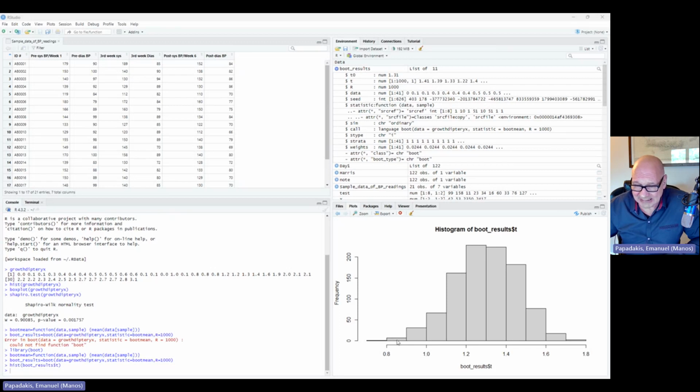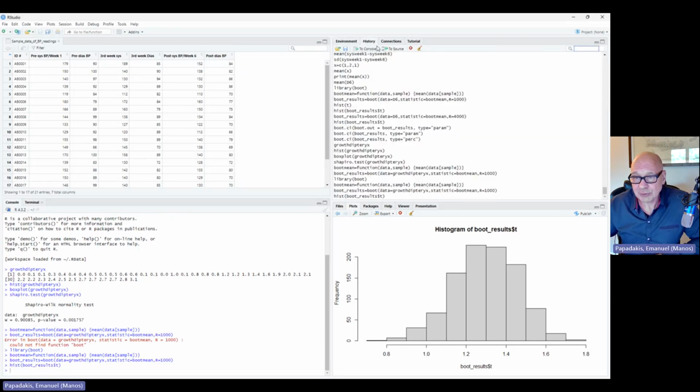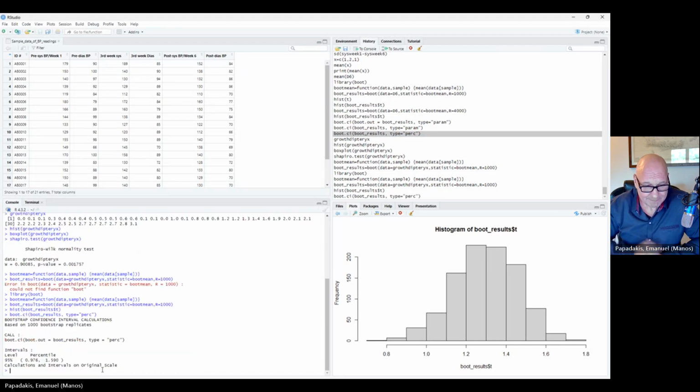I want to cut area under those jaggy lines of the histogram, which is equal to 0.025 on the left and 0.025 on the right. And if you do this, then you will get the so-called percentile confidence interval. You can do this automatically with this command. I'm sending it to the console. And here you see the command. So that's your confidence interval.